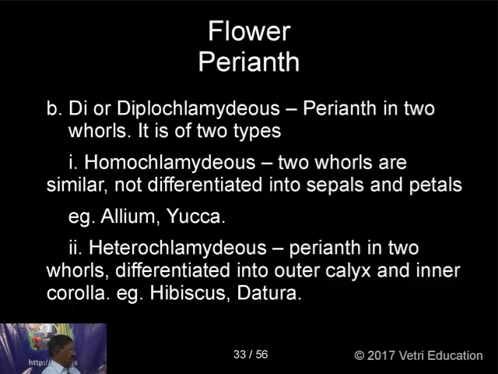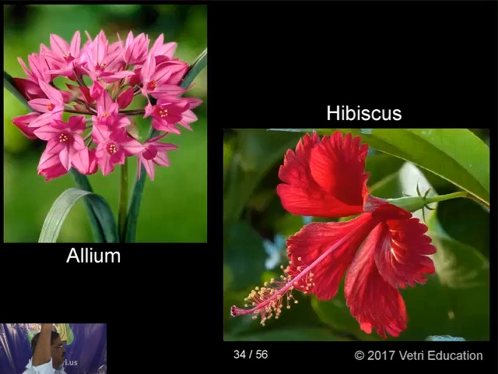The second one is heterochlamydeous, where the perianth is differentiated into outer calyx and inner corolla. Example, hibiscus and datura. Now you see the diagrams. In the first diagram, allium, you cannot differentiate the calyx and corolla. All are the same color and size. Whereas here you can differentiate the green, smaller one, the calyx, and the red one, the corolla.